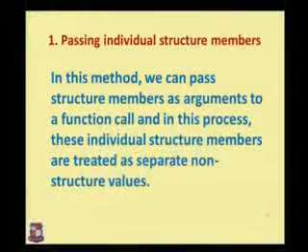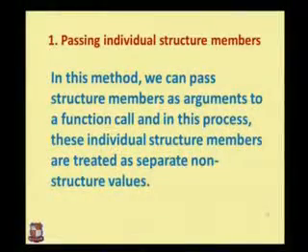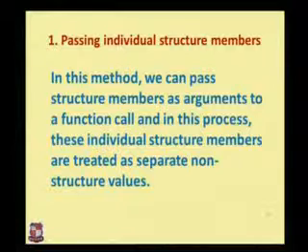We can represent a function as a structure variable. Also we can represent our whole structure template in the function. For that, first is passing individual structure members. In this method we can pass a structure member as an argument to a function call, and in this process these individual structure members are treated as separate non-structure values.